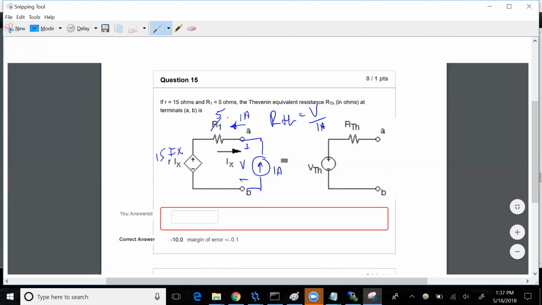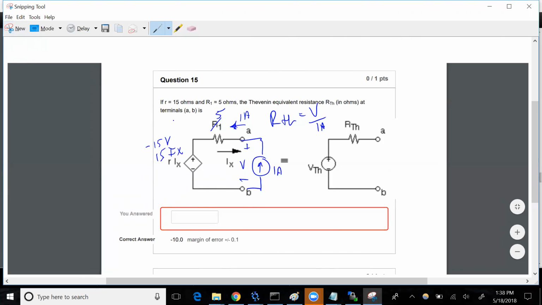And so 15 IX becomes negative 15 volts. Oh, did I mix these up here? Wait, no, yeah. Capital R1 is 5, little r is 15. So it becomes minus 15 volts.